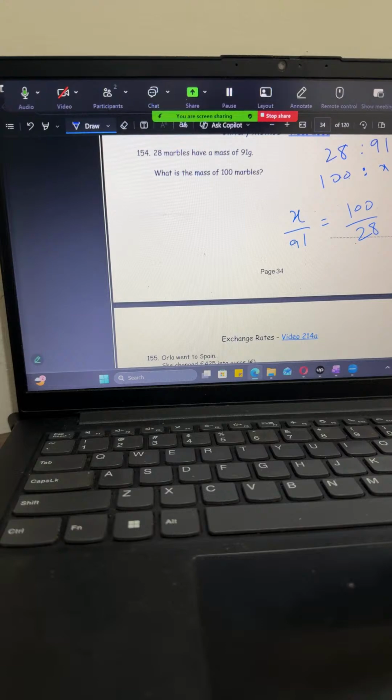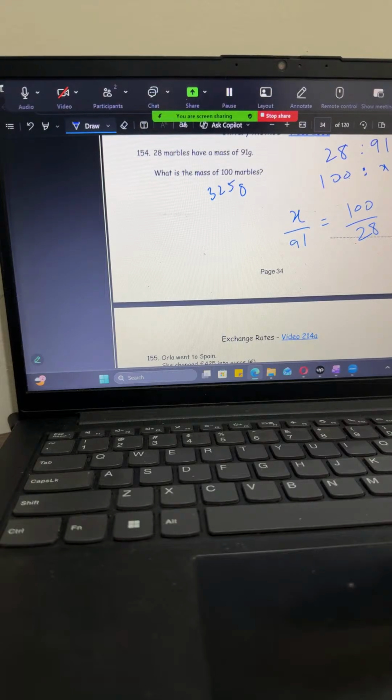So we need to get rid of this 91 as well. 91 is dividing, so we will multiply it on both sides. Oh, okay. So 100 divided by 28 times 91. Yes, well done. So then it would be 325. So the mass of 100 marbles is going to be 325 grams.